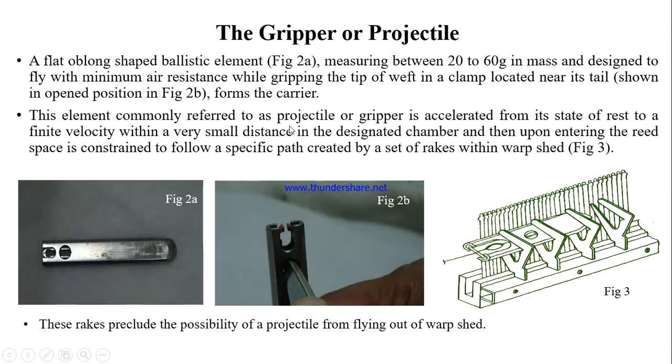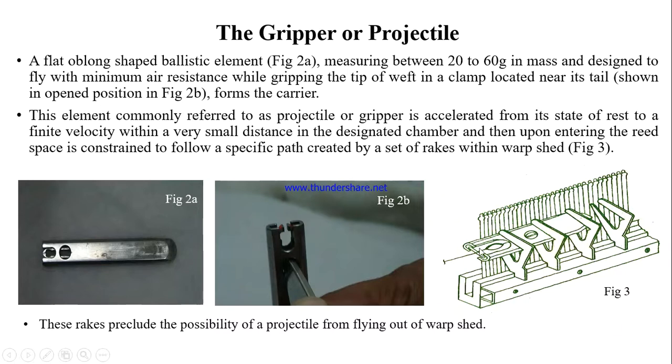This element, commonly referred to as projectile or gripper, is accelerated from its state of rest to a finite velocity within a very small distance in the designated chamber, and then upon entering the reed space, it's constrained to follow a specific path created by a set of racks within the warp shed.